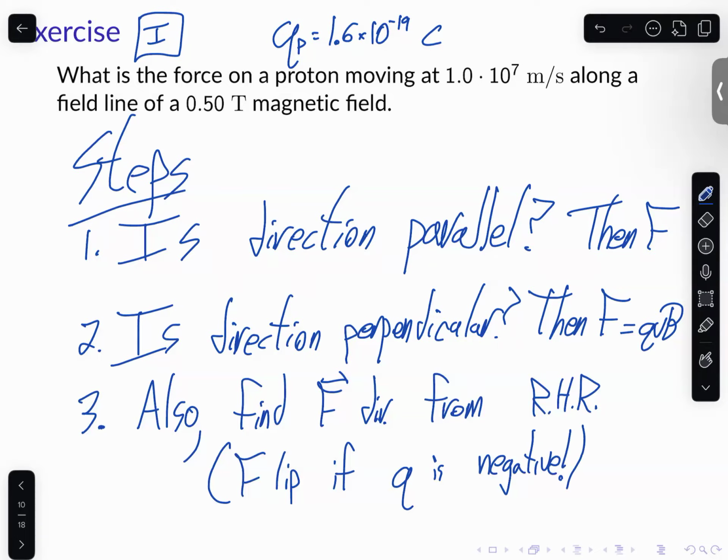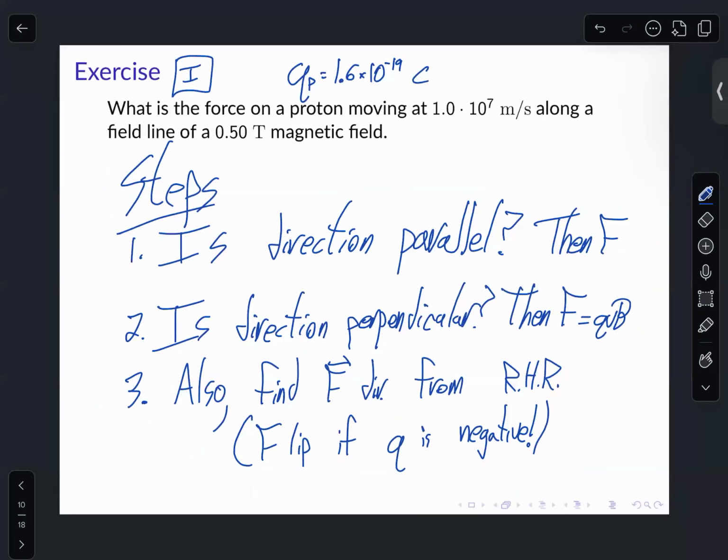Okay, so I am writing it down on the screen, what I said a minute ago. Here is the procedure for finding the force that a magnetic field exerts on a charged particle. What is direction one? If the direction is parallel, then what? 0!